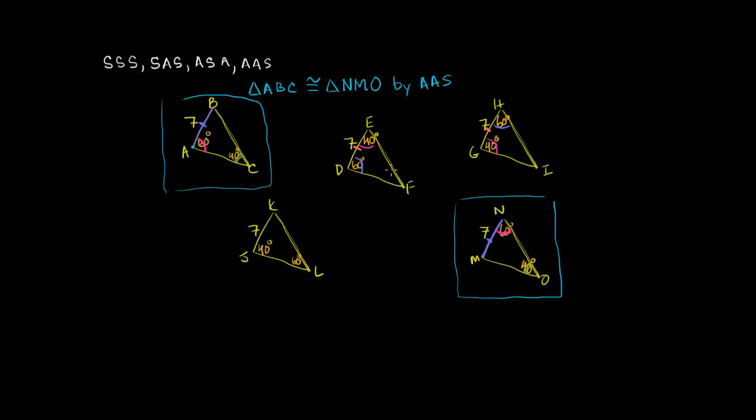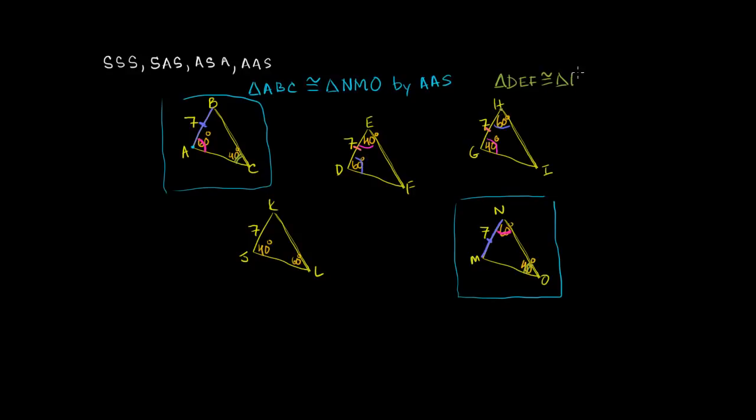And I'll write it right over here. We can say triangle DEF is congruent to triangle. And here we have to be careful again. Point D is the vertex for the 60-degree side. So I'm going to start at H, which is the vertex of the 60-degree side over here.